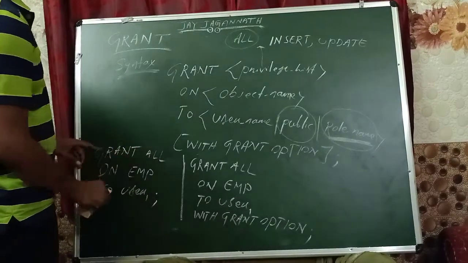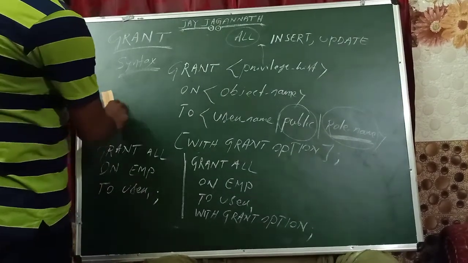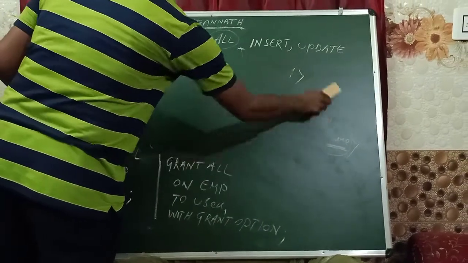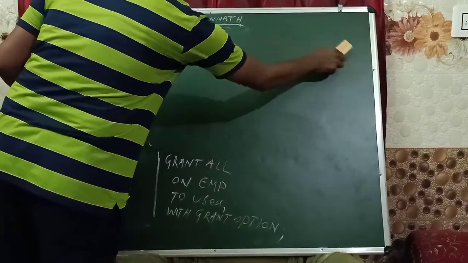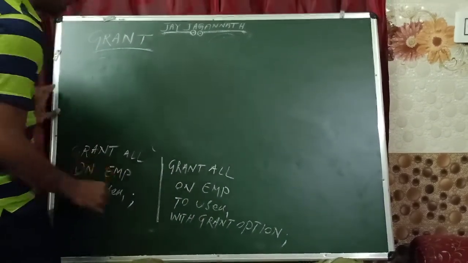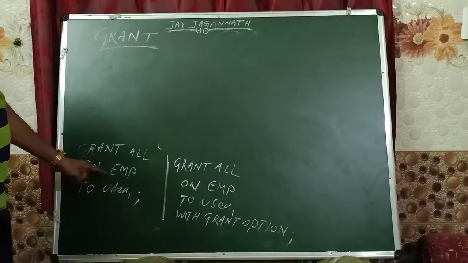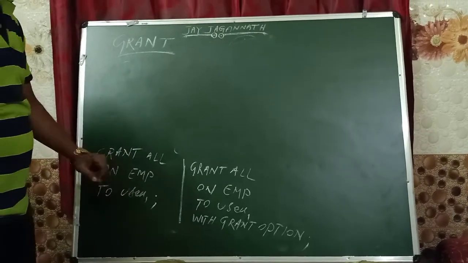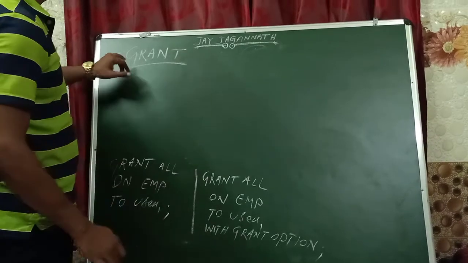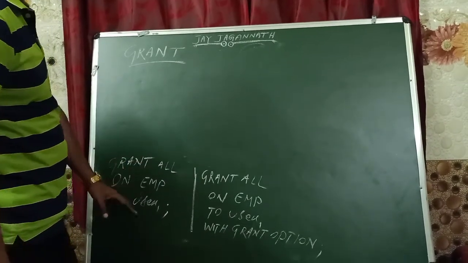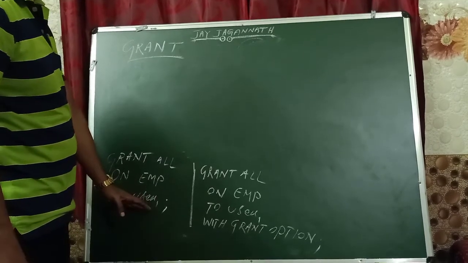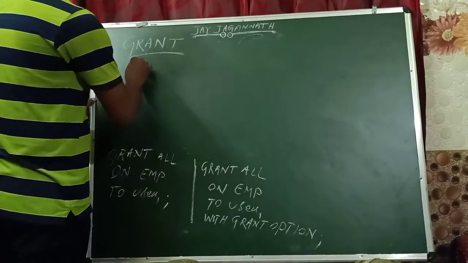And one thing you have to remember: when we use the with grant option, the DBA should be careful about it, because with this query, grant all on EMP to user 1, in future suppose the DBA cancels the permission, the DBA revokes the permissions which are provided to user 1. Situation 1.